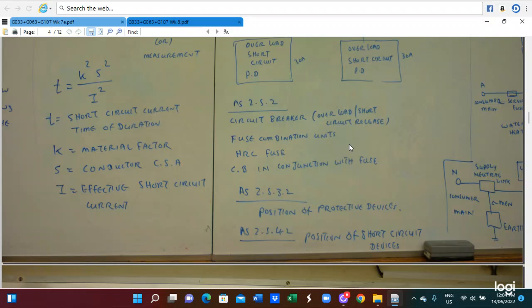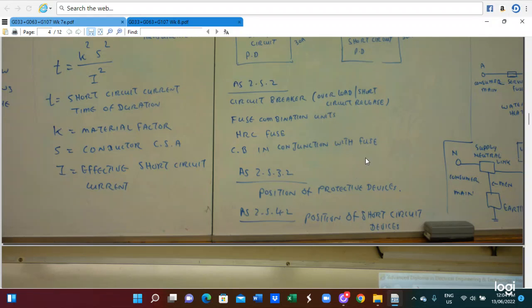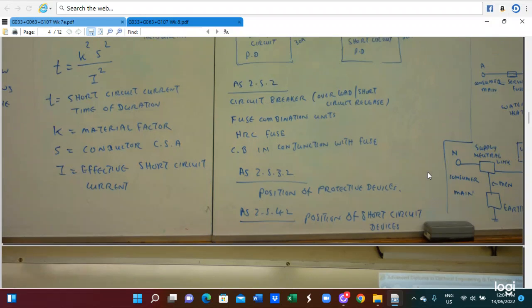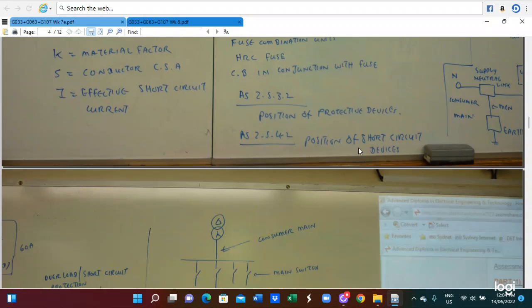Fuse coordination units are also included, as are HRC fuses, and circuit breakers in conjunction with fuses. Clause 2.5.3.2 covers protection devices for overload, and 2.5.4.2 covers protection devices for short circuit. Those standard rules must be followed.